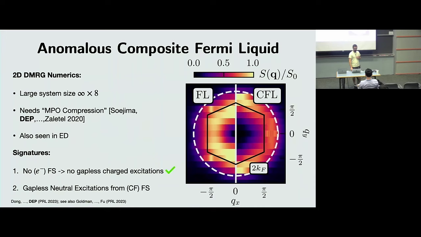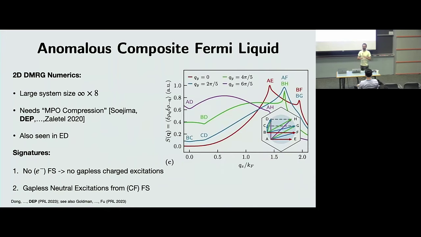And to really nail that down, here I'm resolving that plot into line cuts. And you can see that there are peaks in the structure factor corresponding to every momentum scattering across the Fermi surface.